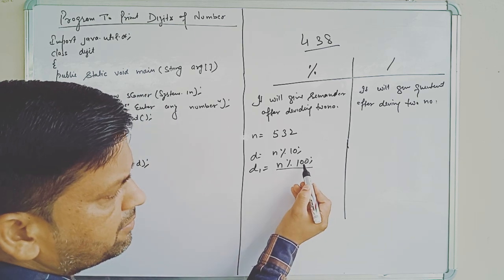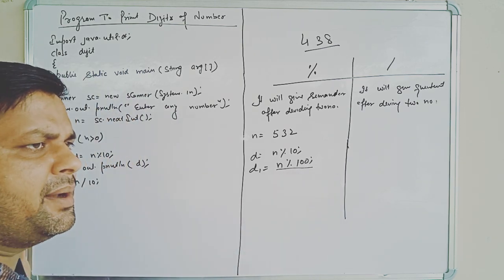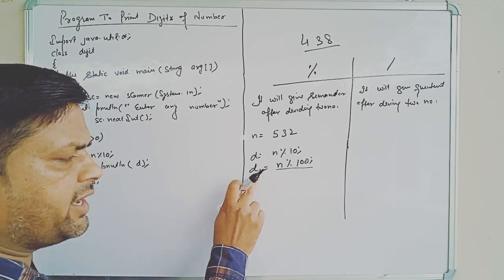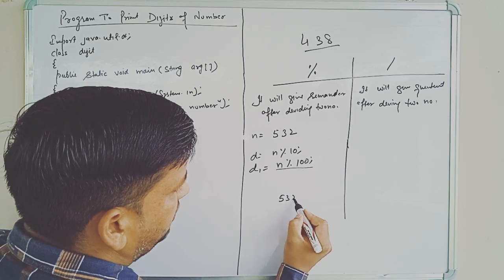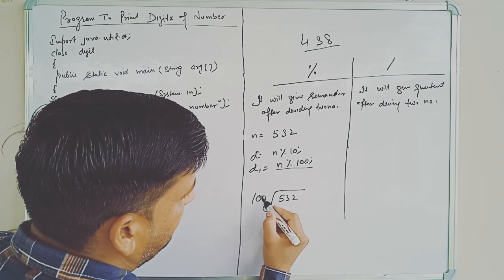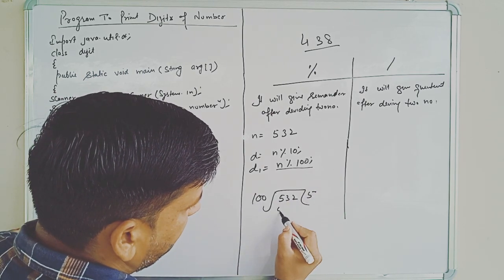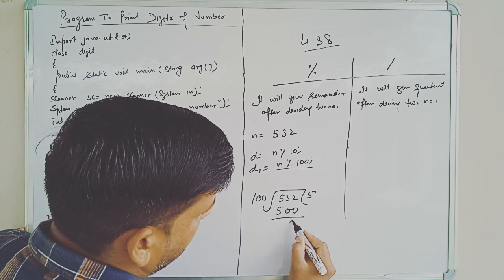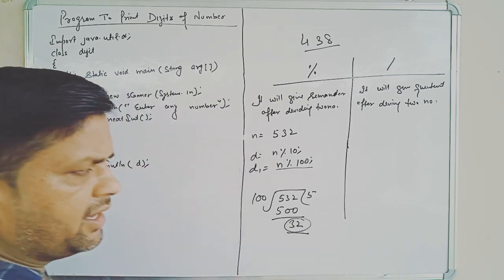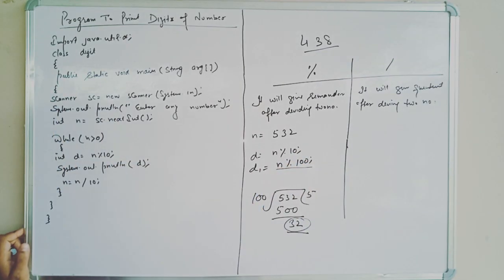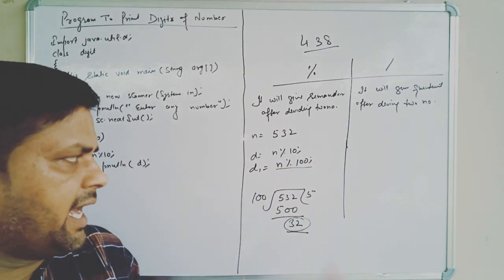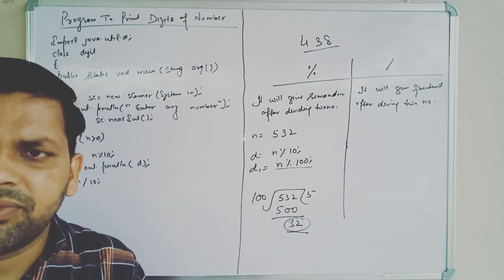You divide n by 100, and whatever remainder comes will be stored in variable d1. So 532 divided by 100, what is the remainder? 32.